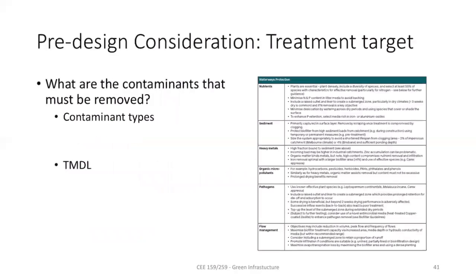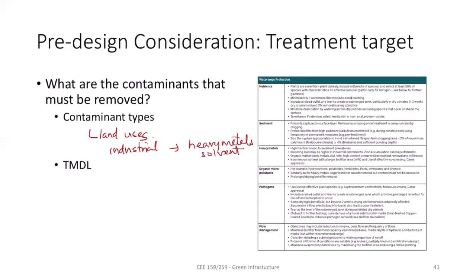The last one is the treatment target. As I said, this is all about TMDL or contaminant types. Based on land use, you should be able to find what kind of pollutants are expected. For instance, if you have an industrial area, then you can think there will be more heavy metals as well as solvents.